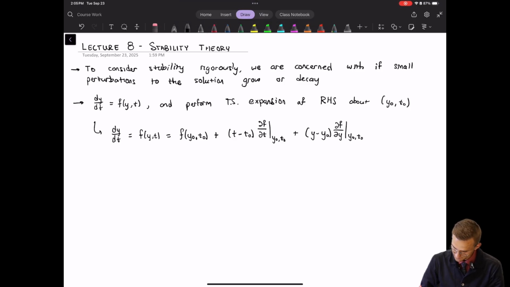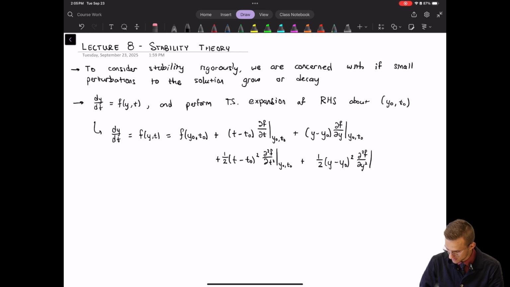Then we have 1/2 times t minus t naught squared times the second derivative of f with respect to t, evaluated at y naught, t naught, plus 1/2 times y minus y naught squared times the second partial derivative of f with respect to y, at y naught, t naught.